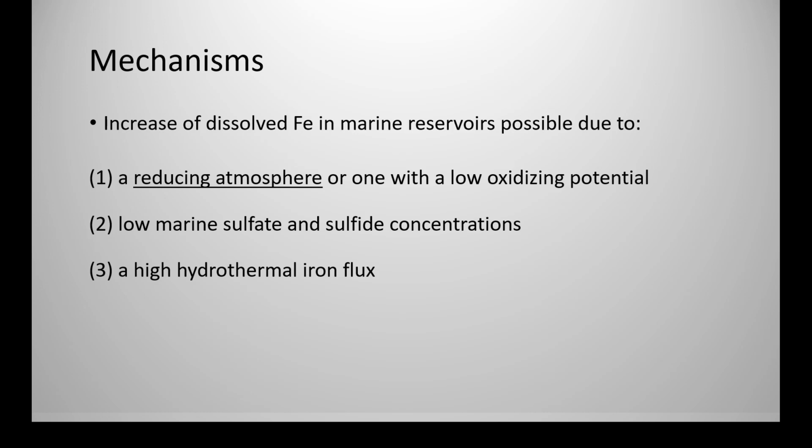The second is low marine sulfate or sulfide concentrations, thus allowing for more of this ferrous iron to be within the marine reservoirs. And finally, a high hydrothermal flux of iron coming from different hydrothermal vents.